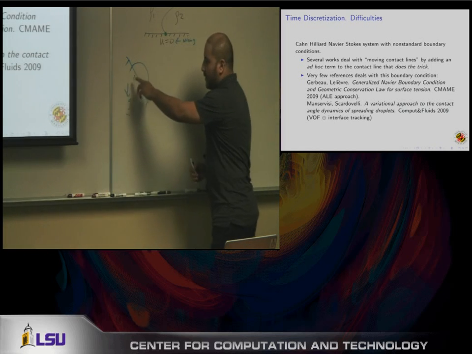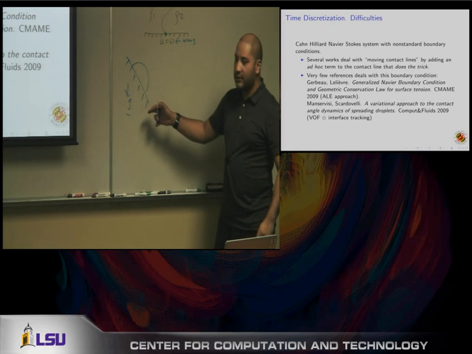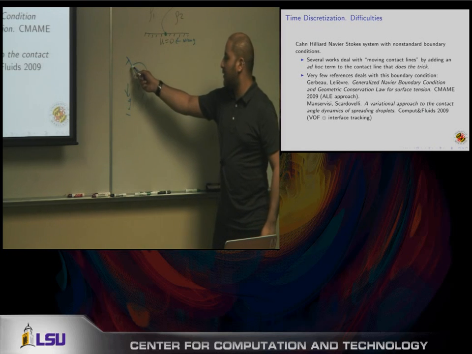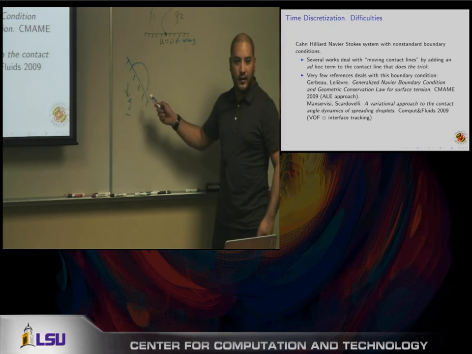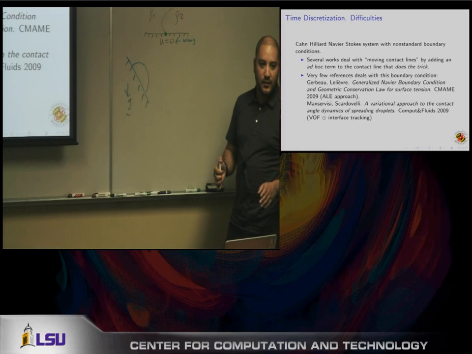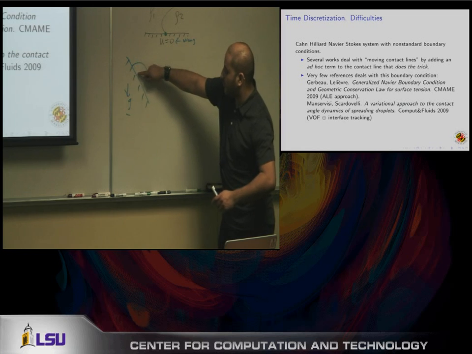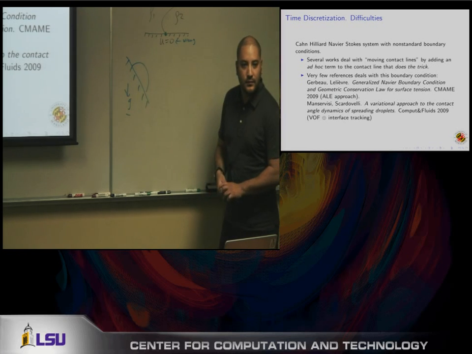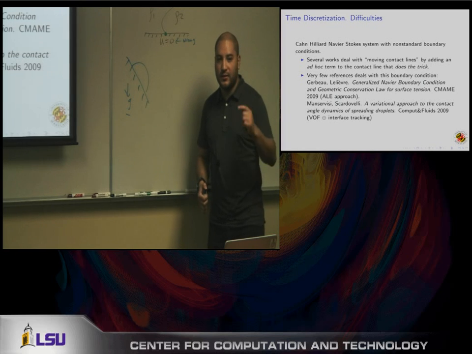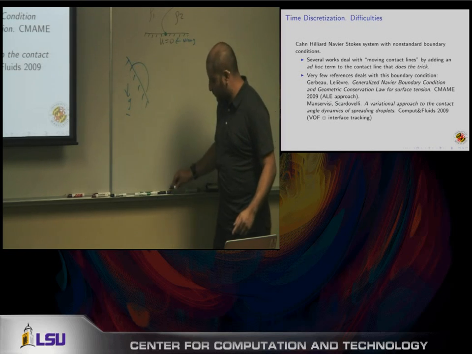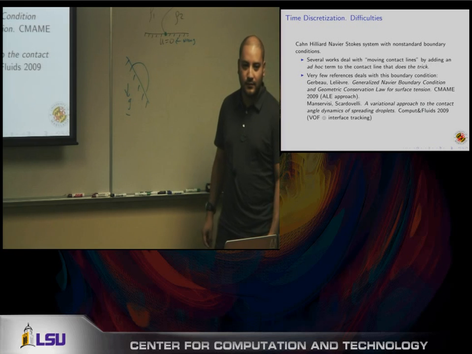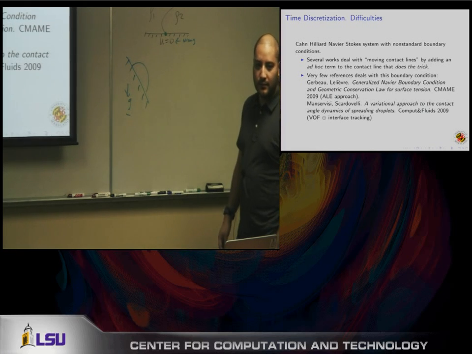Because you're applying no-slip boundary conditions, that means that the velocity of the points here and here are always going to be 0. So the droplet may fall on top, but there's always going to be a normal component 0. Right? No, that's impermeability. No-slip is normal and tangential. Yeah.